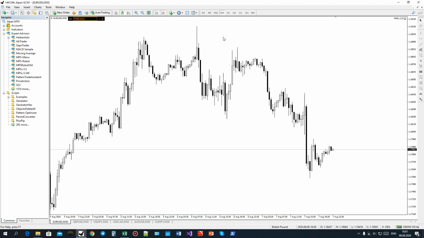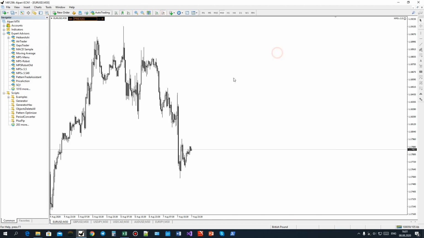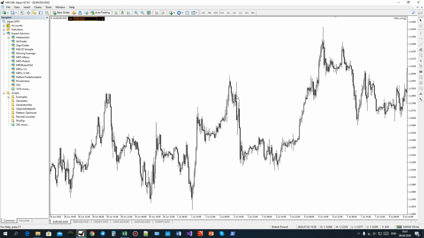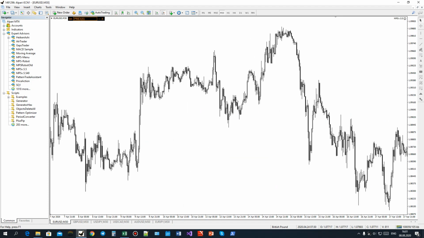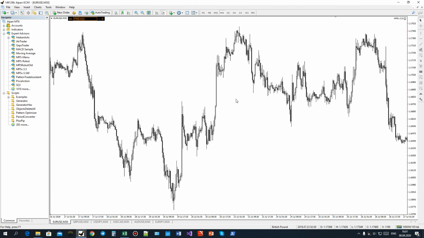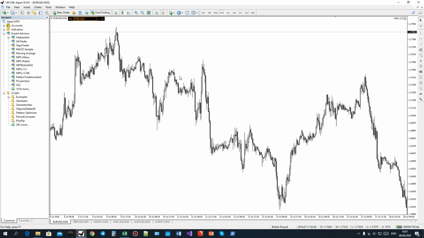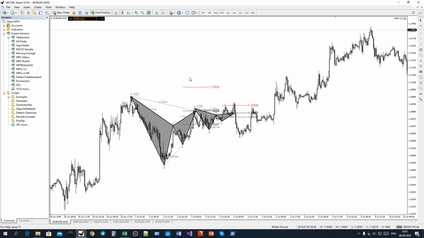We can also do it the inverse way. We can find a pattern on history. Let us scroll somewhere, page up, something of this kind, and slowly scroll, and we see a pattern that appeared. It completed at this time.